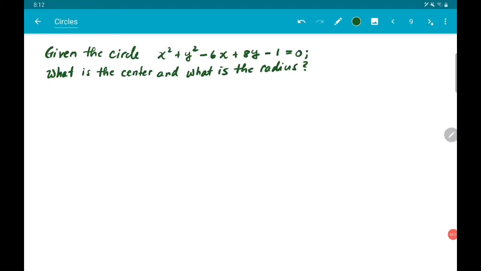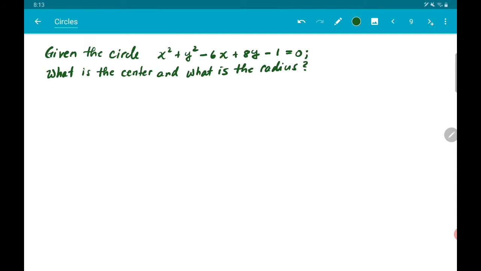Given the circle x² + y² − 6x + 8y − 1 = 0, what is the center and what is the radius of this circle? Well, the equation of the circle seems to be given in standard form.